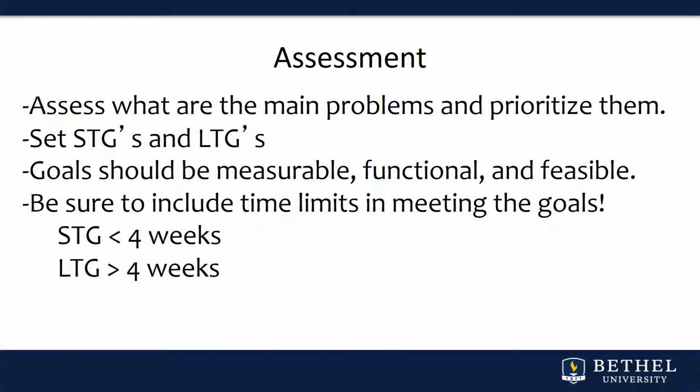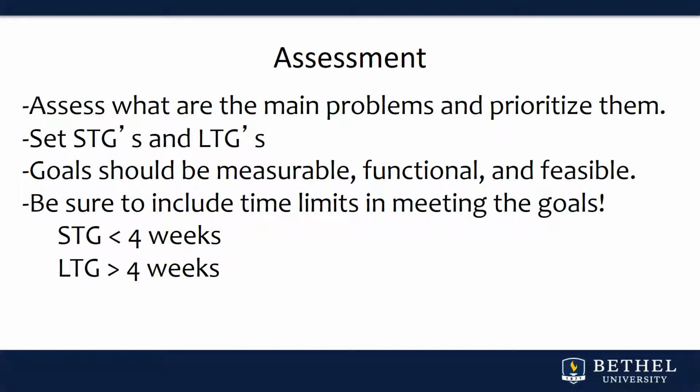That's a measurable goal. Functional means that we would include something about the function of this athlete or this patient and why meeting these goals would make them more functional.